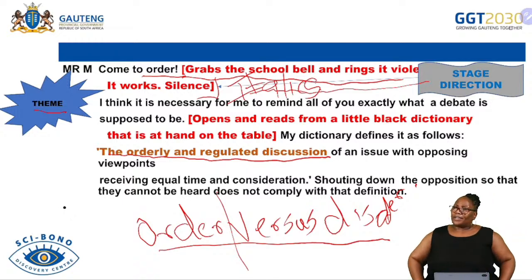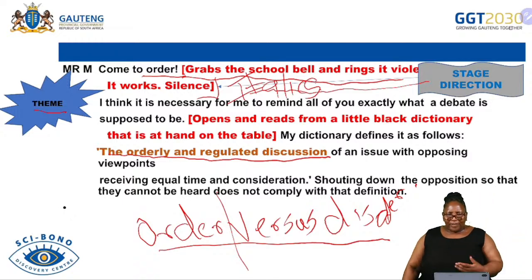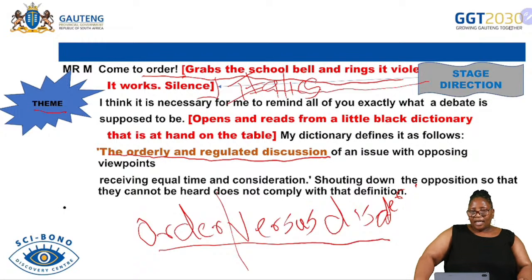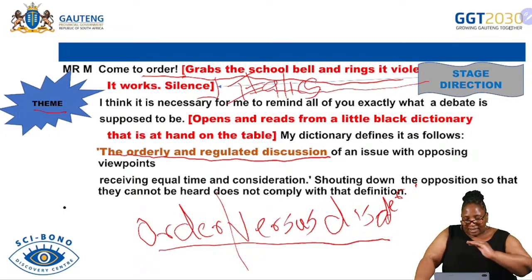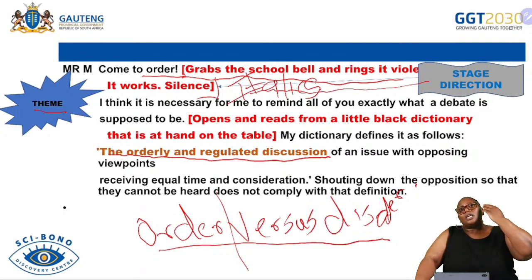And disorder. What is disorder? Where do you find disorder here? Tammy and Isabel are shouting at each other. Two, they are not giving each other space or time to speak. Tammy interrupts Isabel. Isabel continues to speak even though she was told to keep quiet.